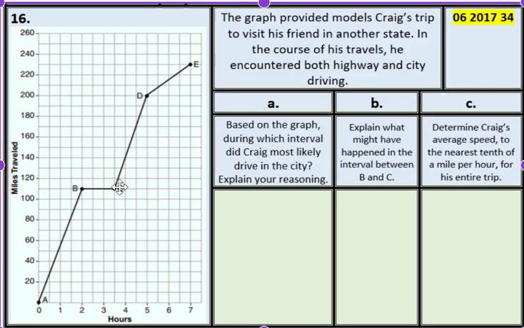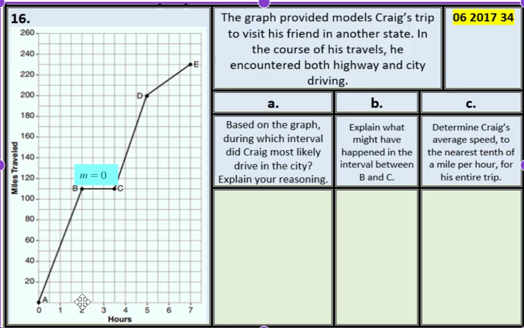In this interval, nothing is changing. So the miles traveled stays exactly the same. So my slope M equals 0 because nothing changed in this interval. Now, when I look at this interval from 0 to 110 miles, my change in y was 110.